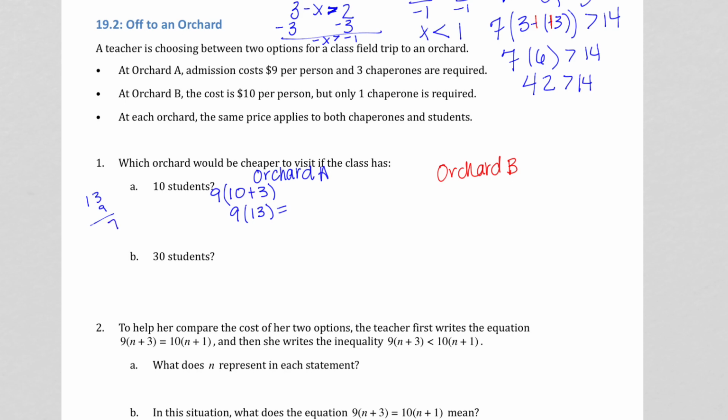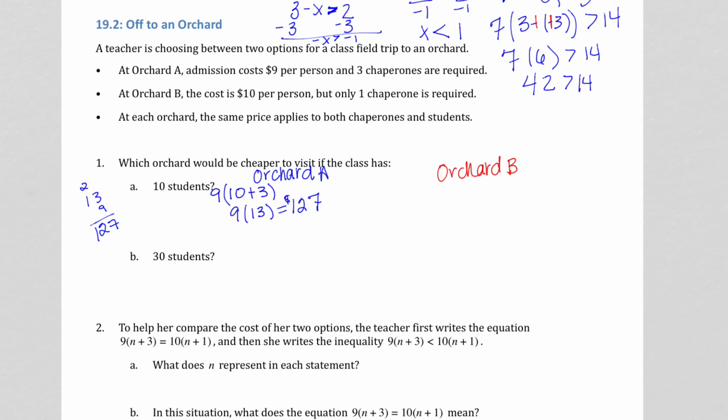9 times 3 is 27. 9, 10, 11. Is that right? 12. 127. Okay, so it's $127 for 10 students.